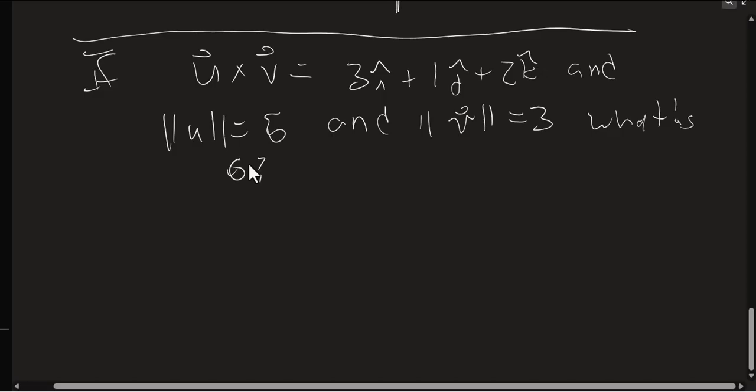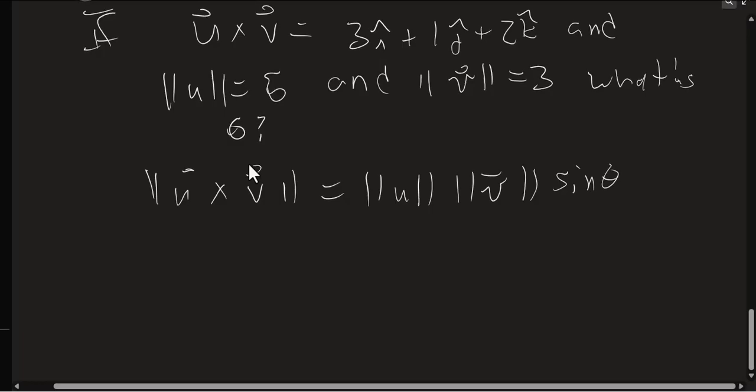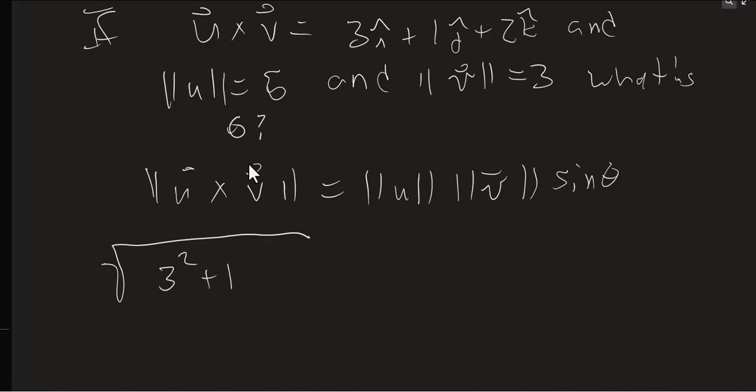Okay, so you see all these magnitudes, you know it's going to be a problem where you have the magnitude of u cross v equals the magnitude of u times the magnitude of v times the sine of theta. So the magnitude of u cross v will be the square root of 3 squared plus 1 squared plus 2 squared.